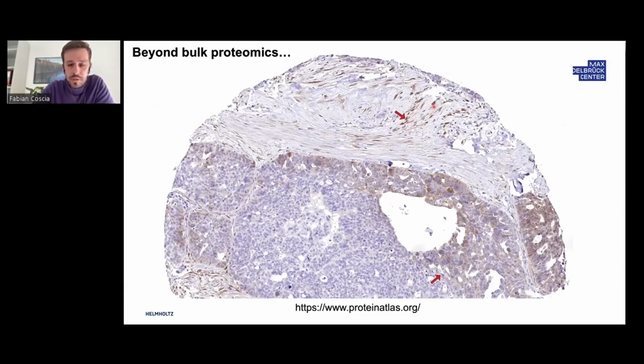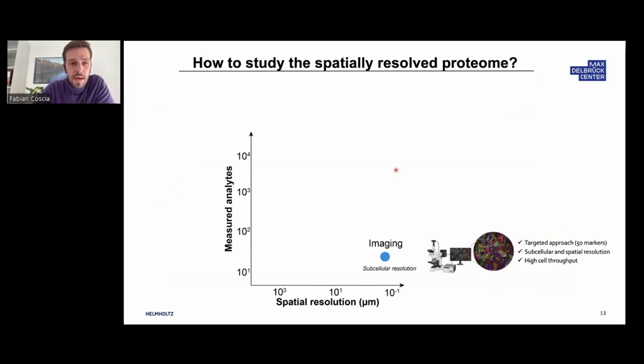I think this slide also nicely highlights that we clearly need imaging-based approaches in order to get spatially resolved proteome information. Imaging-based spatial proteomics approaches have been applied very broadly and over many years, and they're still very powerful tools to analyze individual proteins or a panel of maybe 30, 40 proteins with very high spatial resolution.